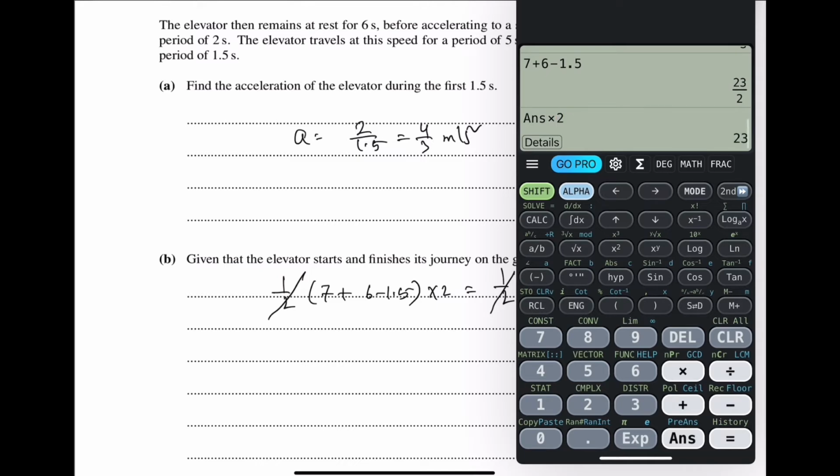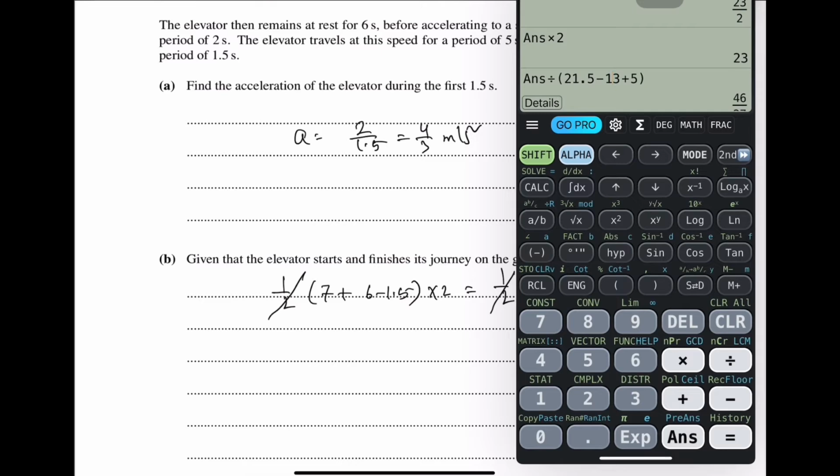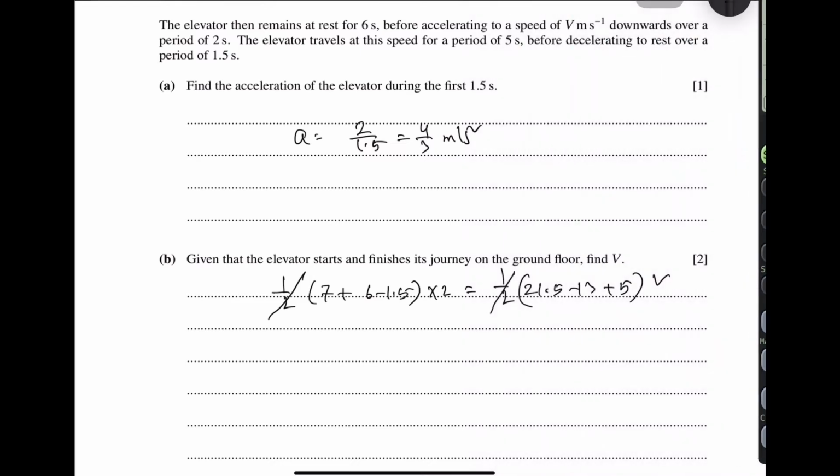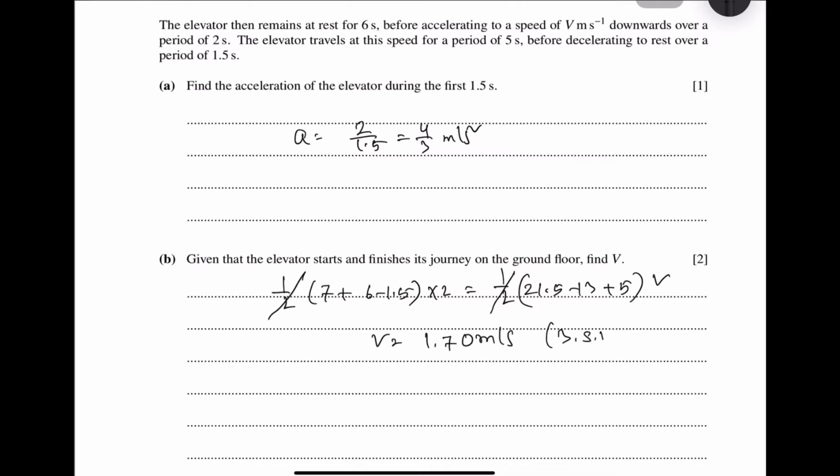So this becomes 23 divided by... So 46 by 27, 1.70 in 3 significant figures. So our velocity will be 1.70 meters per second, that is 3 significant figures. And this is the answer.